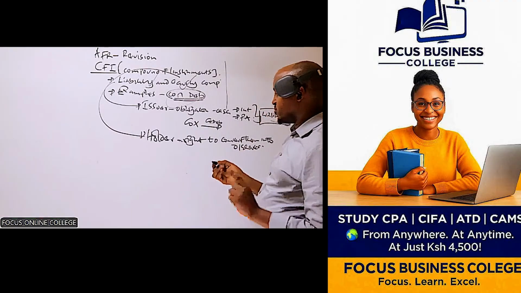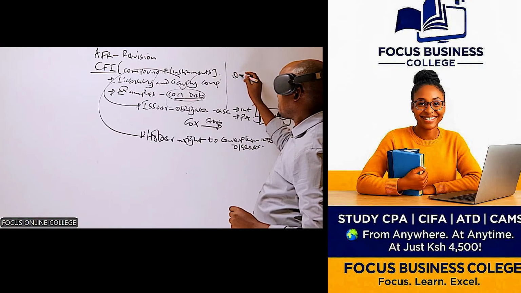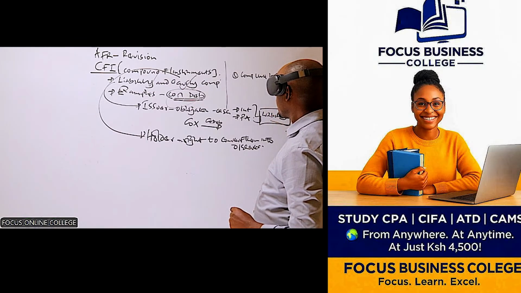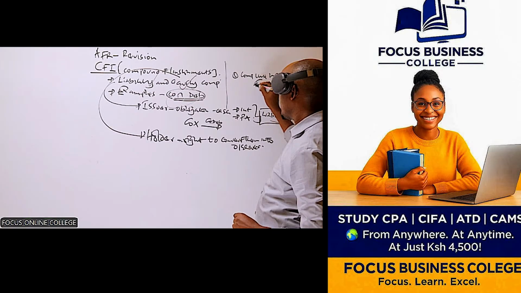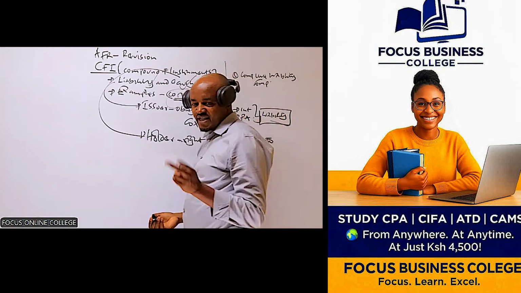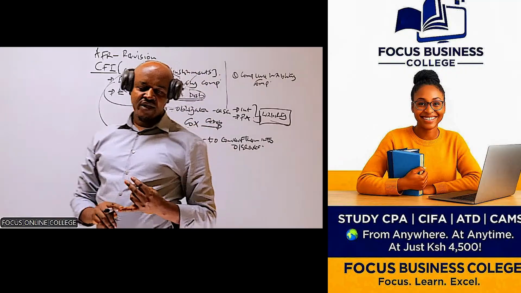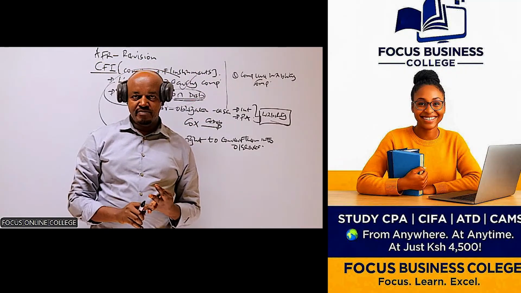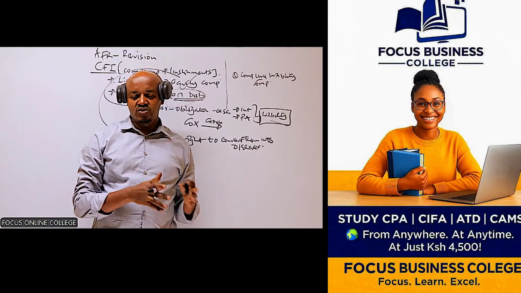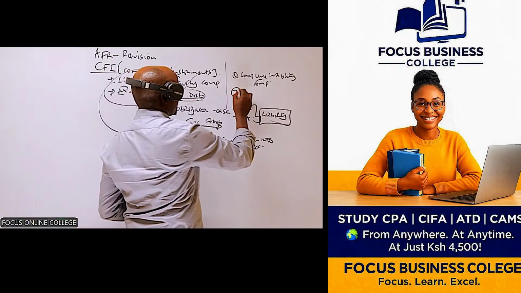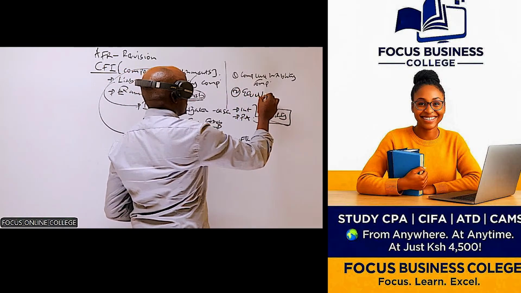So we talked about two steps to be followed here. Step number one, we compute the liability component. We compute this by discounting two items, by getting the present value of the annual interest to be paid and the present value of the principal amount. That gives us the liability component. Step two, we compute the equity component.